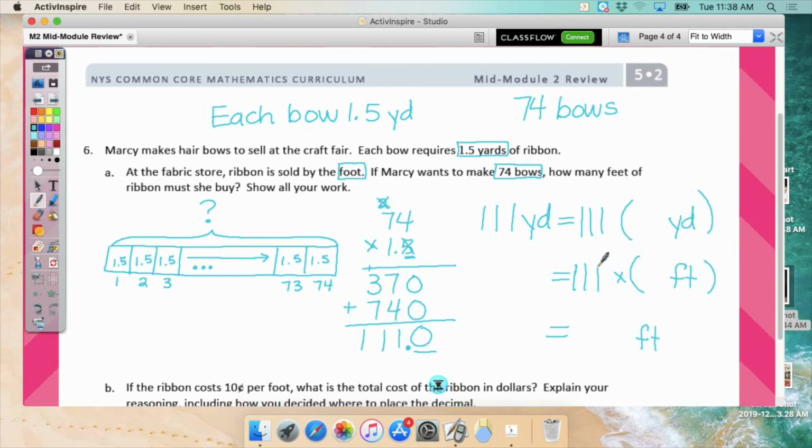So how many feet are in a yard? 3. And as long as yards are larger than feet, then I don't have to divide. I get to multiply. So what do you think 111 times 3 is? 333. Yeah. So 333 feet. Okay? That's how much total ribbon she needs to buy.